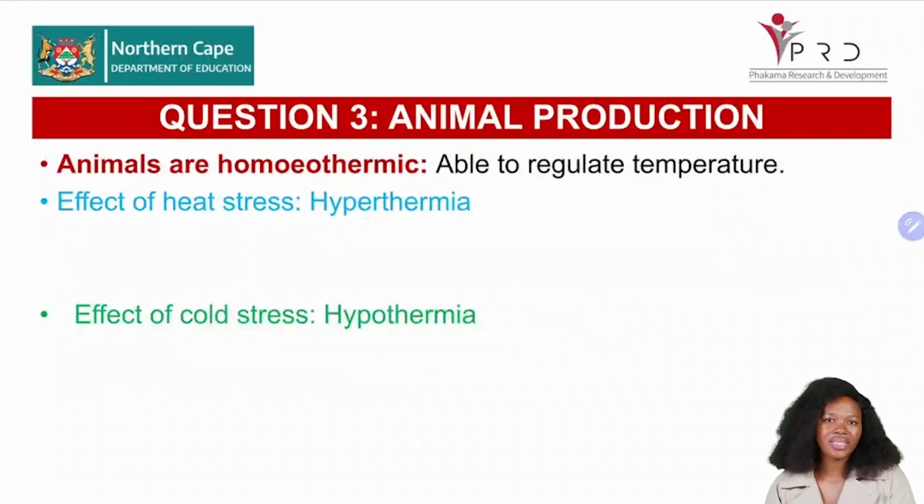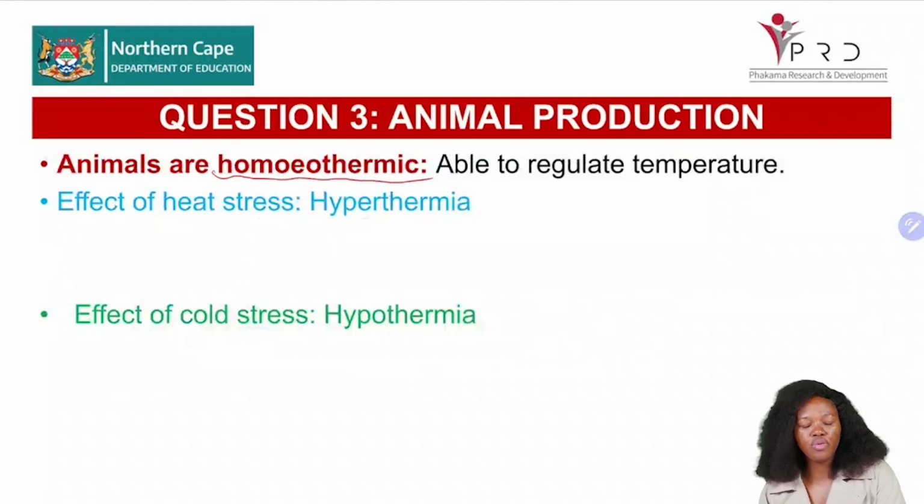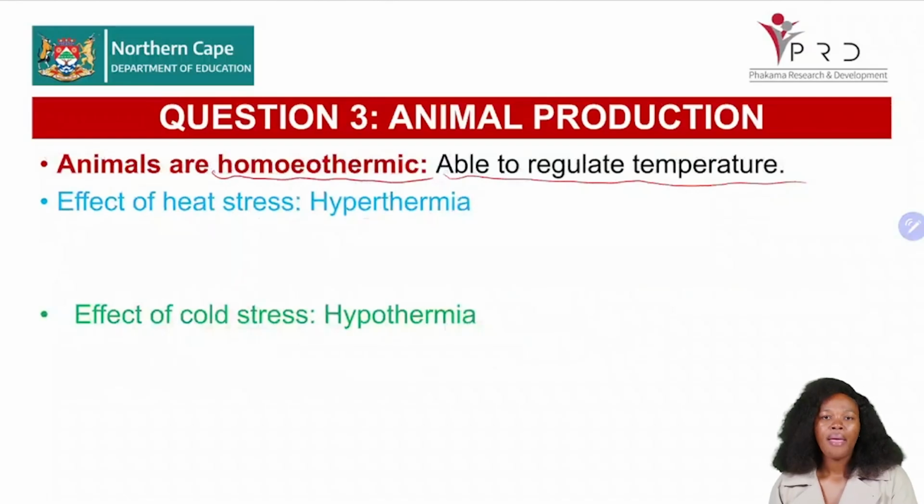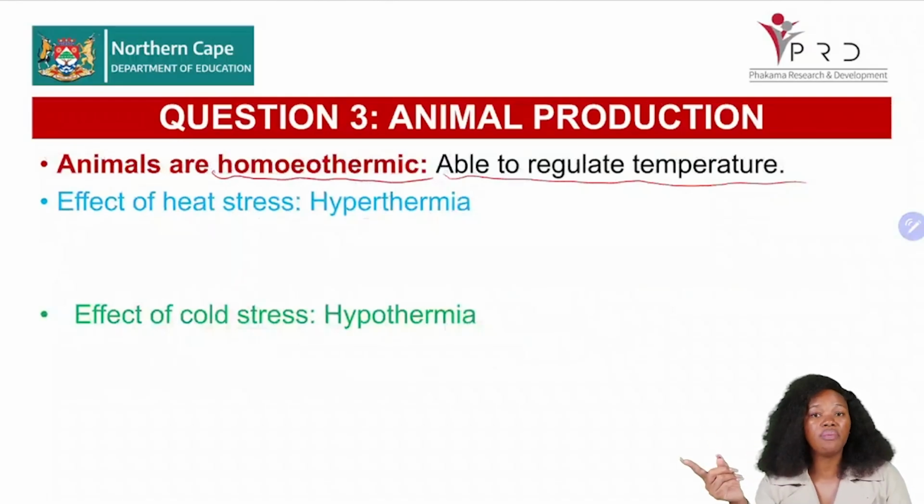Now, understand that animals are homeothermic. They are able to regulate their body temperature, meaning at all times their body temperature is higher than that of the environment. But that doesn't mean that they will never be negatively affected by extreme weather conditions like high or low temperatures, cold and heat.